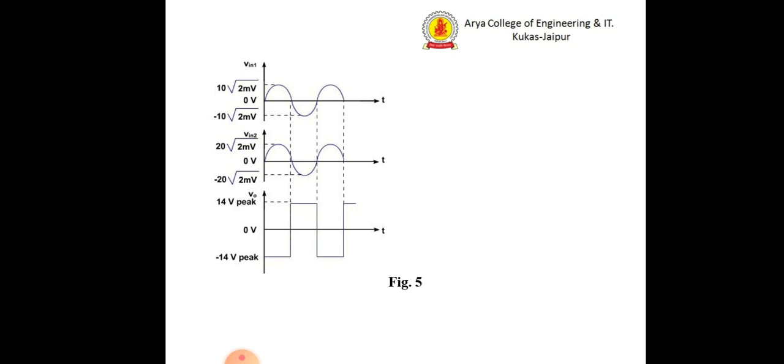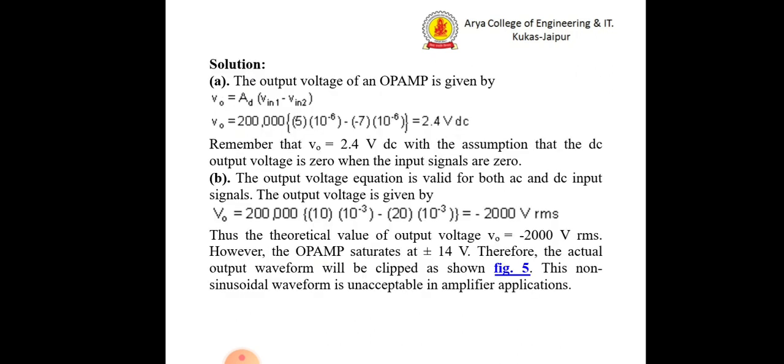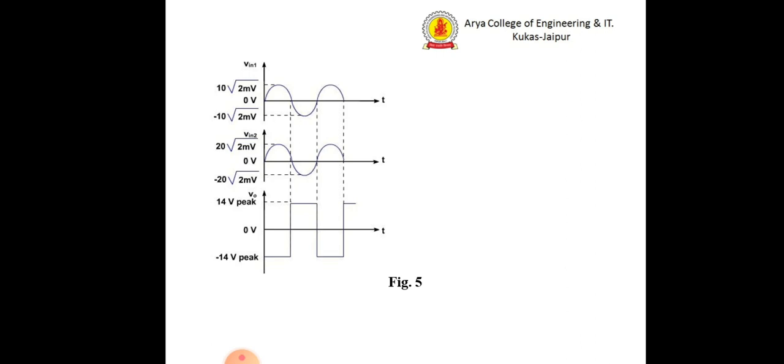Instead of the sinusoidal, at the top you are having a clipping at the 14 volt peak, and at the negative end also we are having a clipping at 14 volt peak. So this is how, given the input voltages VIN1 and VIN2, the output of the op-amp will be clipped, and it is taking the shape of an almost rectangular waveform.